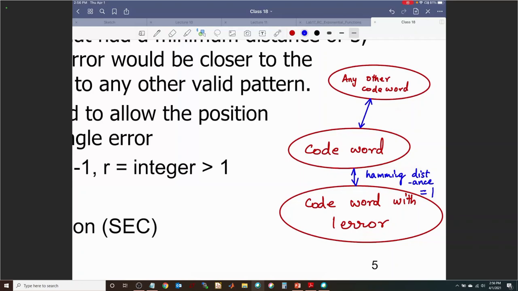The minimum based on the limitation is 3, right? So even if I have one error, the code word with the error is still closer to the original code word than any other code word, which is why this can work. You guys see that?